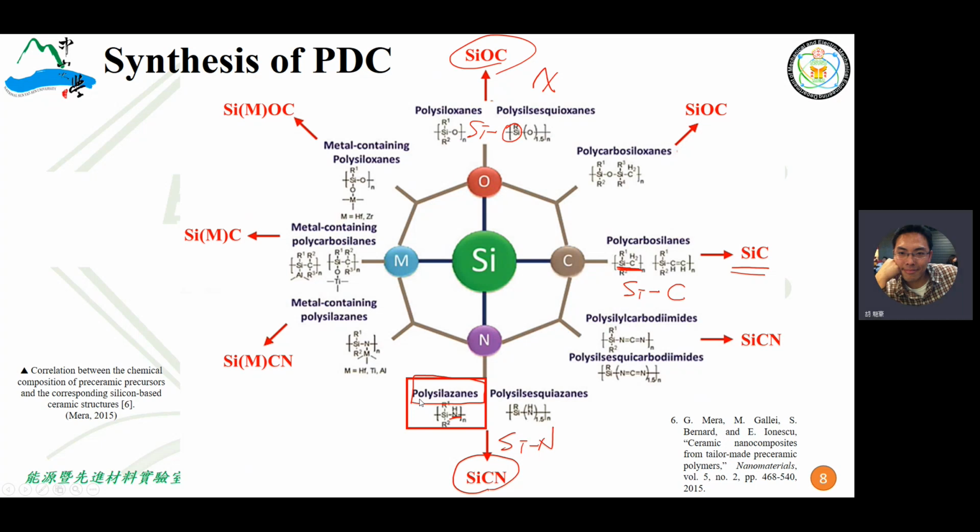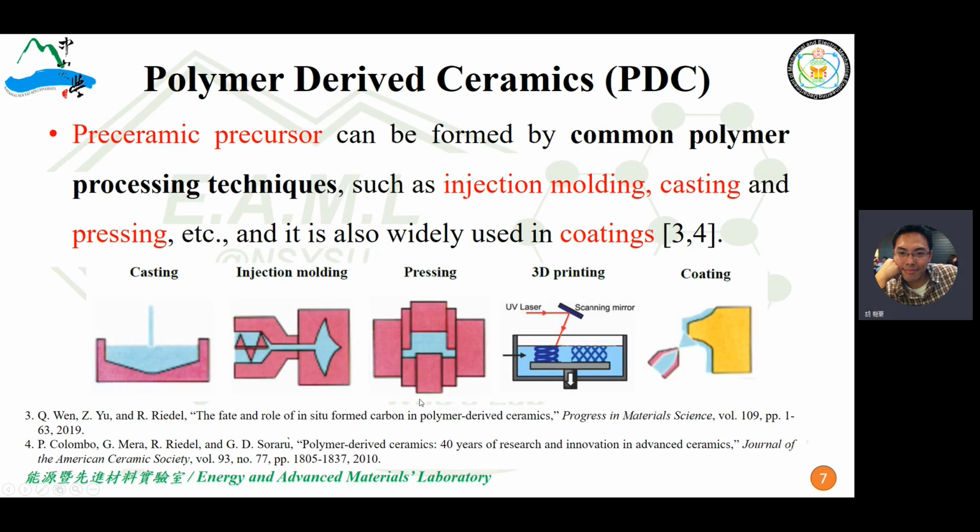Due to its liquid property, it's easy to manufacture, because the raw material is a liquid polymer. Therefore, processing techniques like injection molding, casting, pressing, and spray coating can be used. It's quite easy to fabricate via those commercial manufacturing processes.